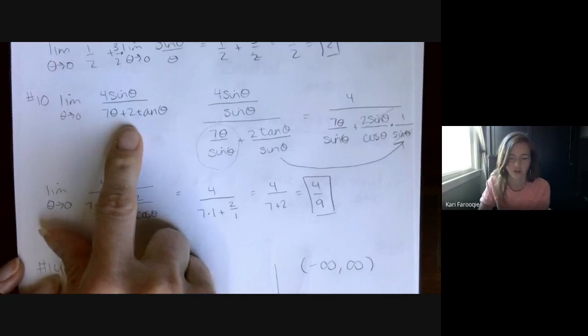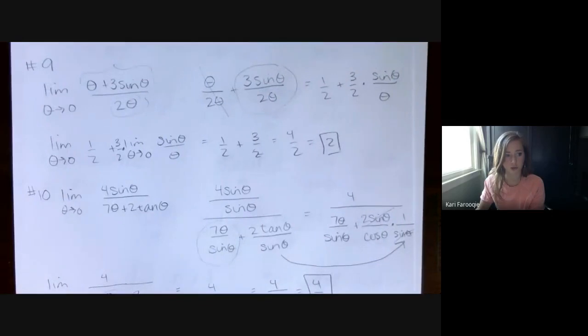I got a ton of email questions on number 10, not a ton, but at least 5. So for number 10, we divided each term by sine theta, and then we simplified. The suggestions that I offered between numbers 9 and 10 were for number 9.